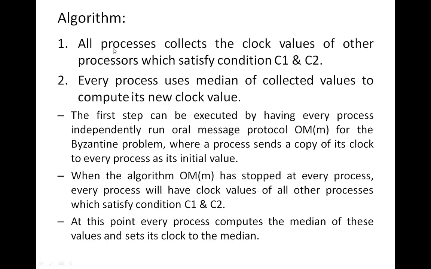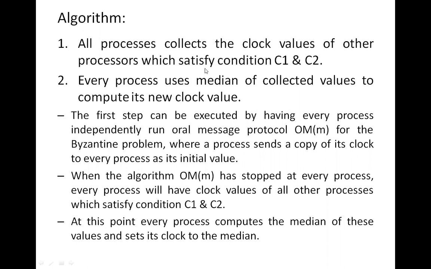So the algorithm says that all the processes collect the clock values of other processes which satisfy conditions C1 and C2. And second, once it receives the clock values of other processes, every process is going to calculate the median of the collected values to compute its new clock value.